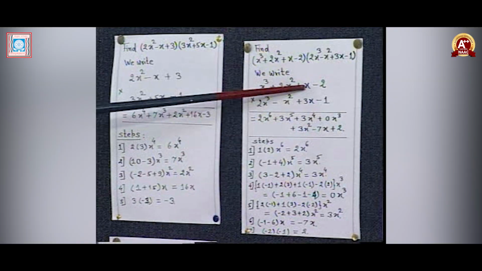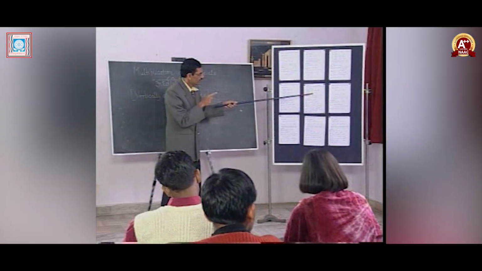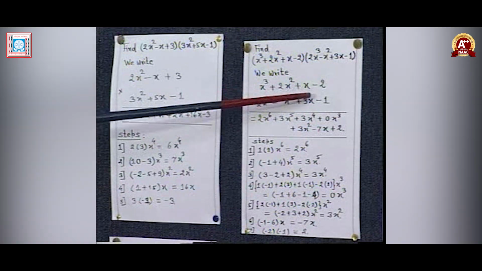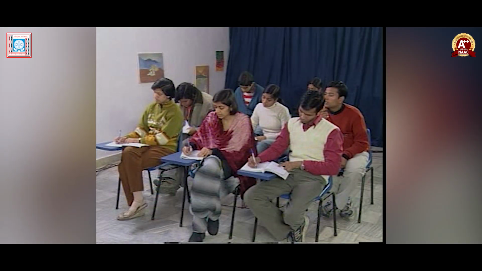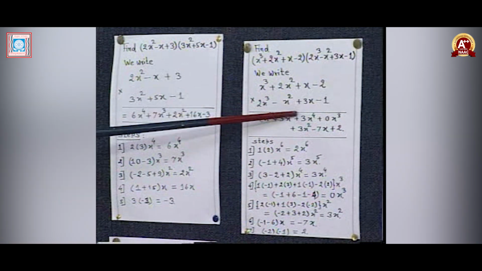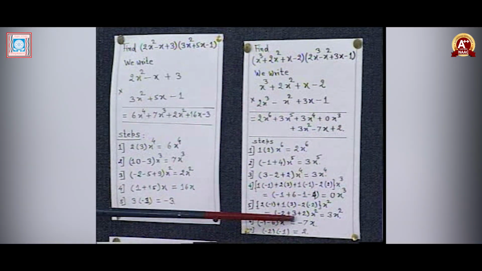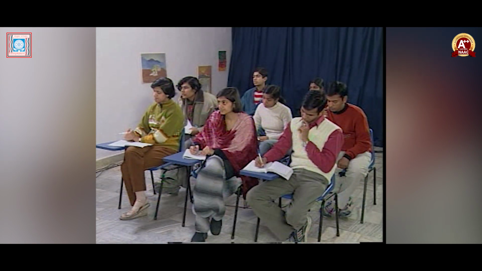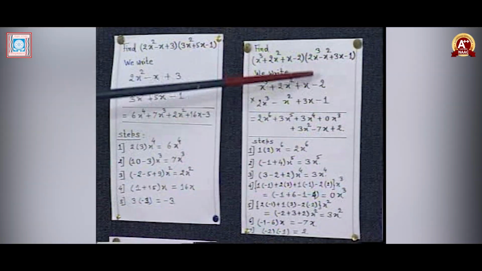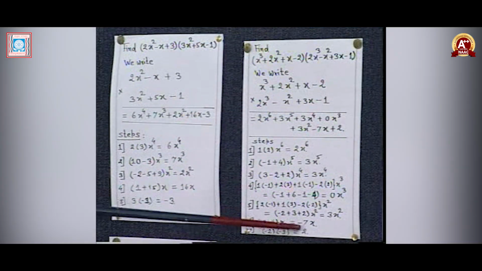Now coefficient of x, we leave out 2 terms from the left and take a cross. 1 into minus 1 and then plus minus 2 into 3, that is minus 1 minus 6, that will be minus 7x, and the last is vertical multiplication, minus 2 into minus 1, that is 2.